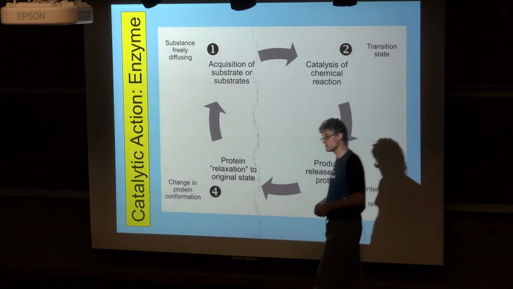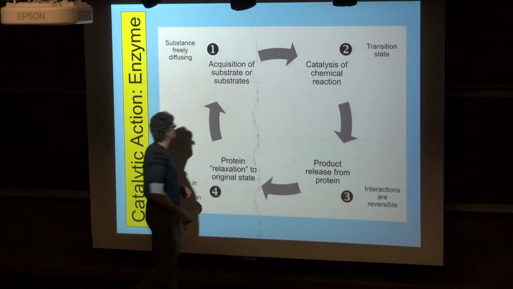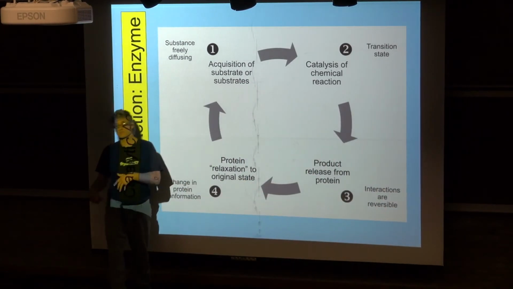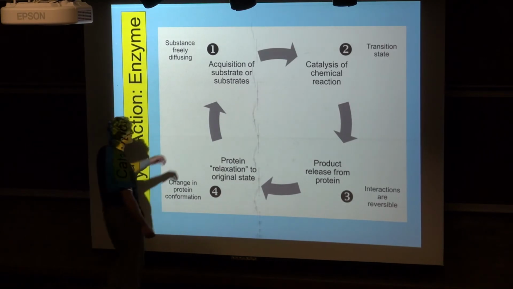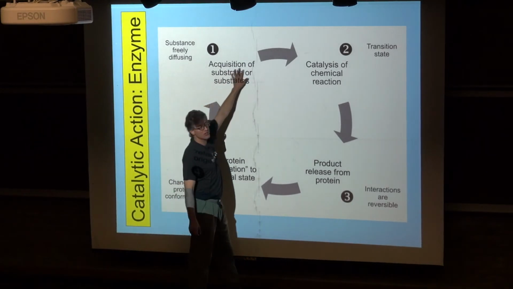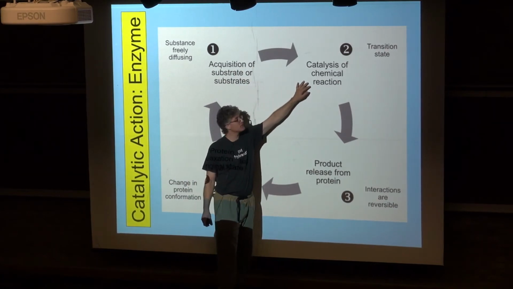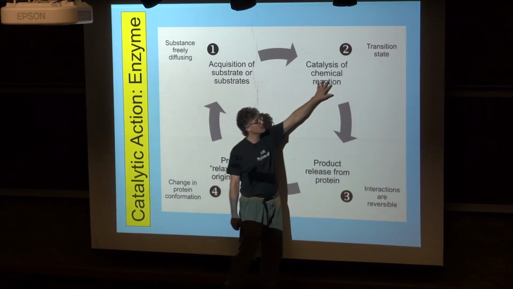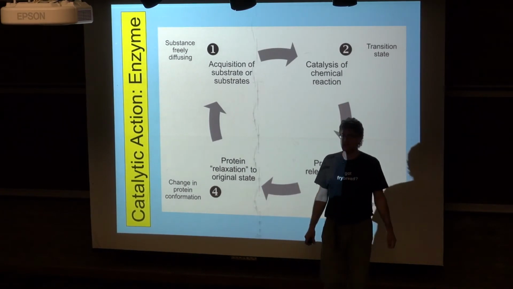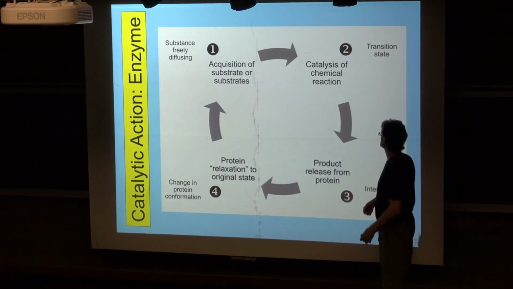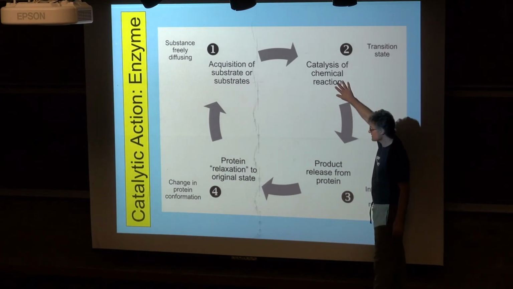And an enzyme works very similarly as well. You've got an acquisition of the substrate or substrates, the thing that's being acted upon. And that causes a change in what the enzyme looks like, its shape, resulting in pushing the substrate or substrates to their transition state, which leads to catalysis.